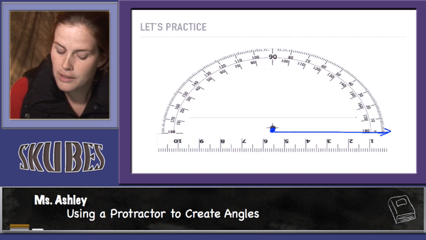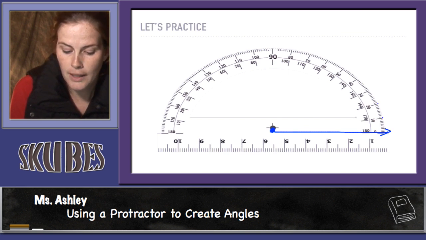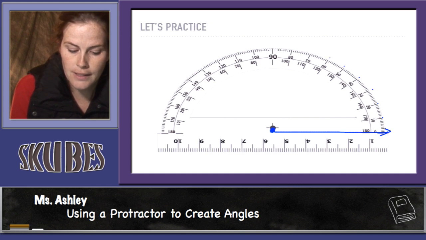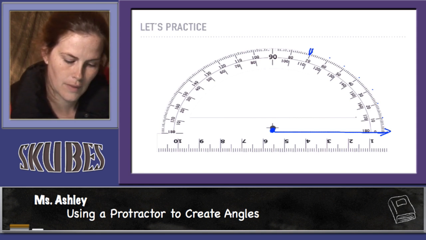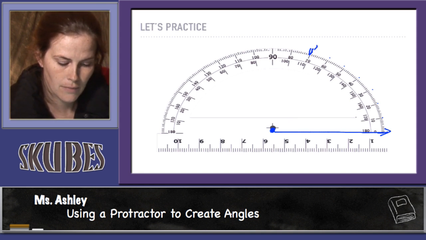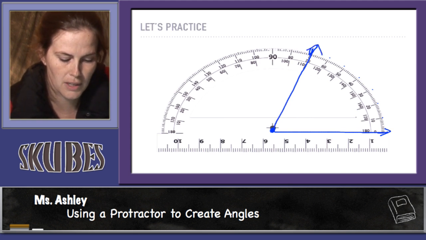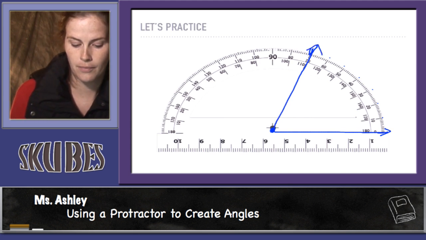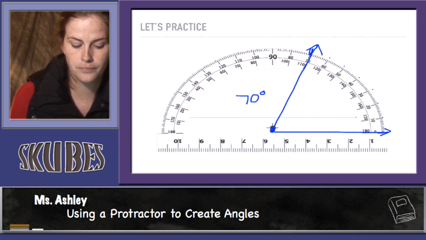Okay, I follow the top markings this time, so I'm at 0, 10, 20, 30, 40, 50, 60, 70. Make a mark at the 70 degree, and then I connect this mark with the vertex. Make sure you put an arrow at the end. So now we've just drawn a 70-degree angle.